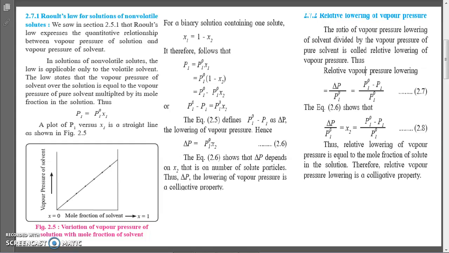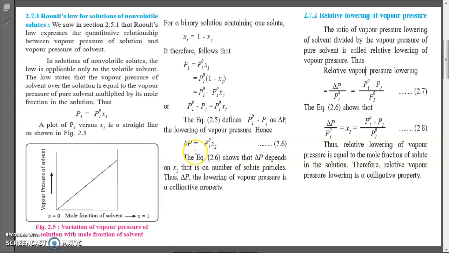Equation 2.5 defines P01 minus P1, which is nothing but delta P, the lowering of the vapor pressure. So delta P is equal to P01 X2. This is equation number 2.6.